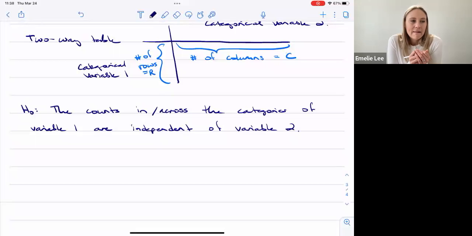Okay. So we have to assume that they're independent before we can say that they are dependent on each other, right? What does that mean? It means that if you're in category 1 of variable 1, then you're more likely to be in maybe category 3 of variable 2. That doesn't really mean anything right now.